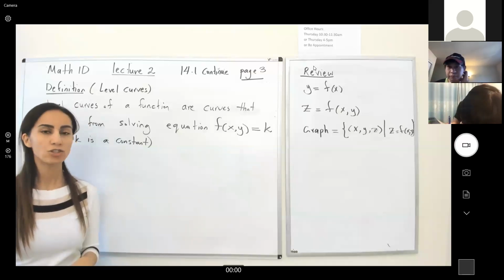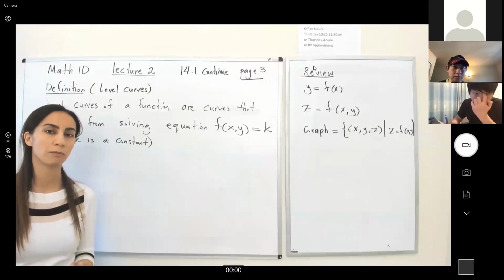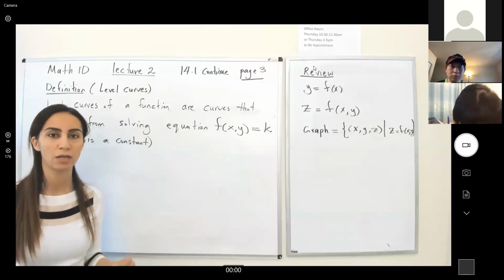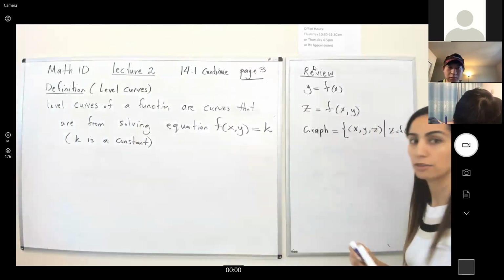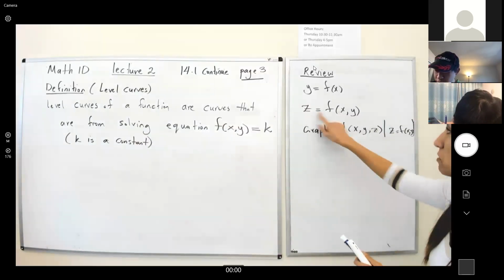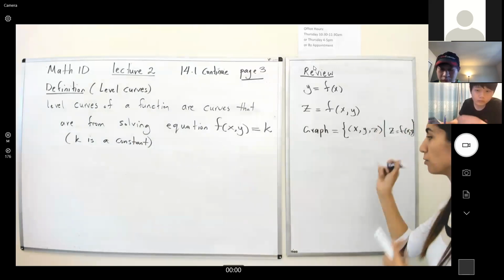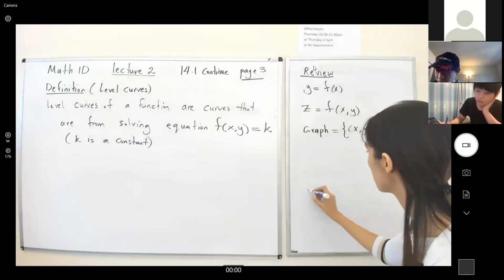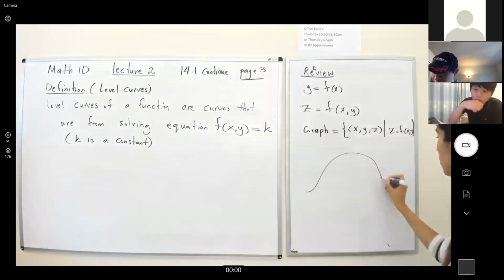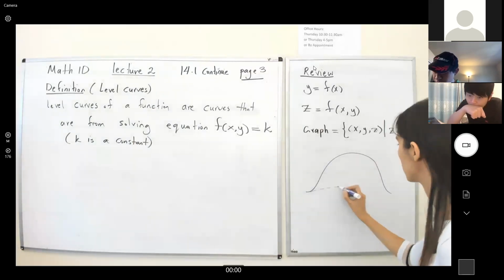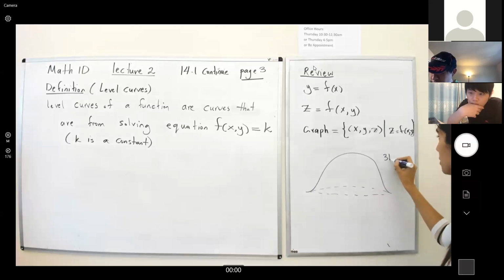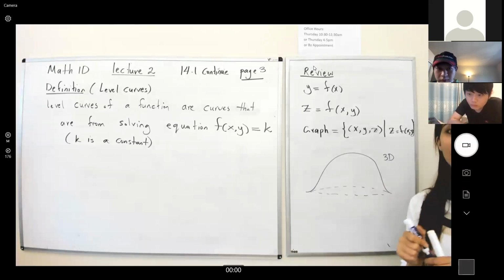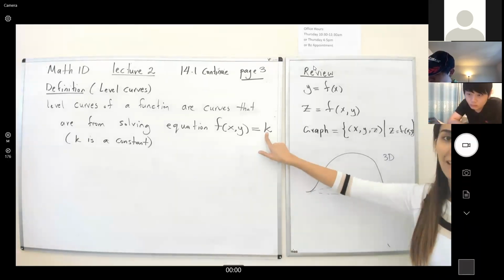They actually use those to create maps. So what they do, they take functions in three variables with two free variables, like in this case. Suppose you have the graph of the function in three-dimensional space, 3D. What are these k's?